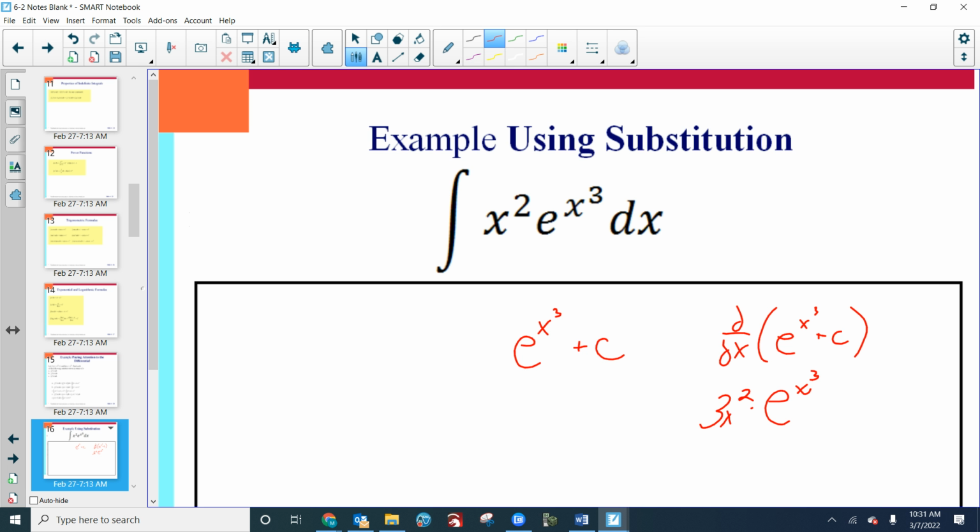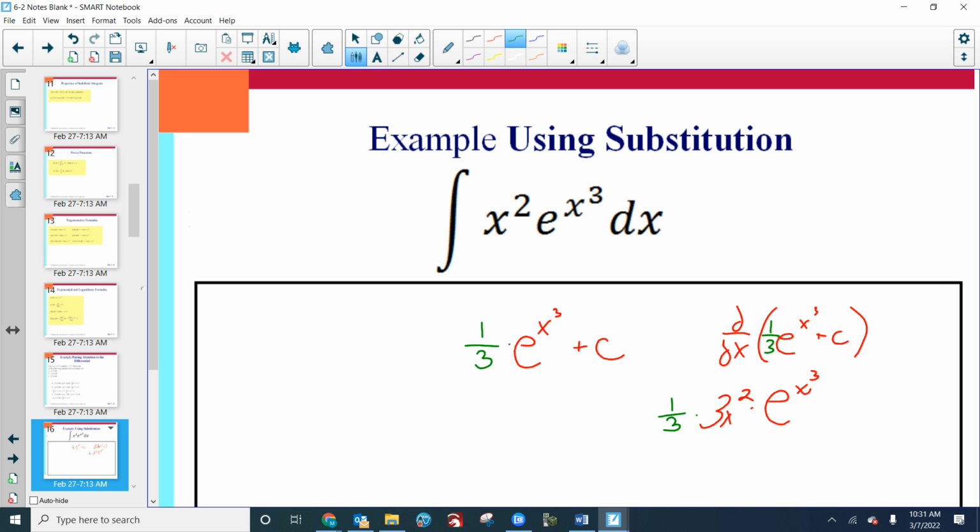What's the problem, though? I don't have a 3x squared. I've got an x squared. How do I get rid of that 3? Put a third out front. A third out front gets rid of that 3 and makes it a beautiful match.